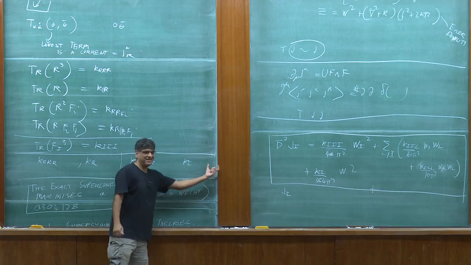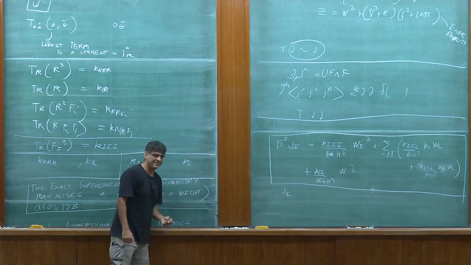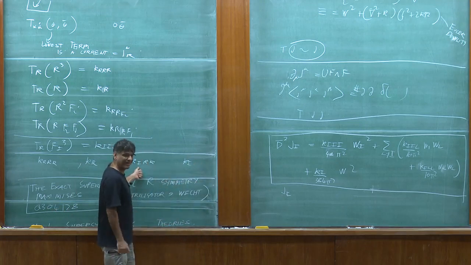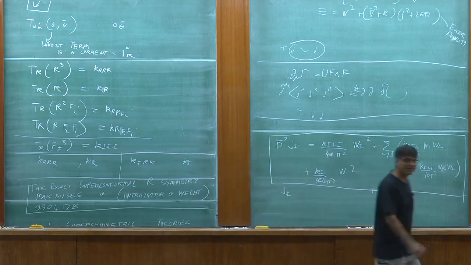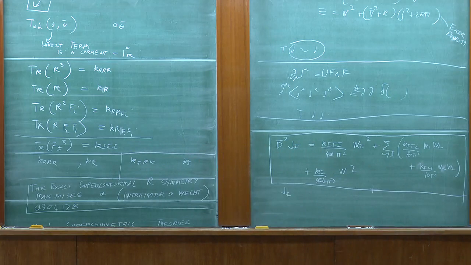One of them has Riemann wedge Riemann. The other has R symmetry field strength wedge R symmetry field strength. Is this clear? However, only one structure appears on the right hand side. And it's just a consequence of supersymmetry.